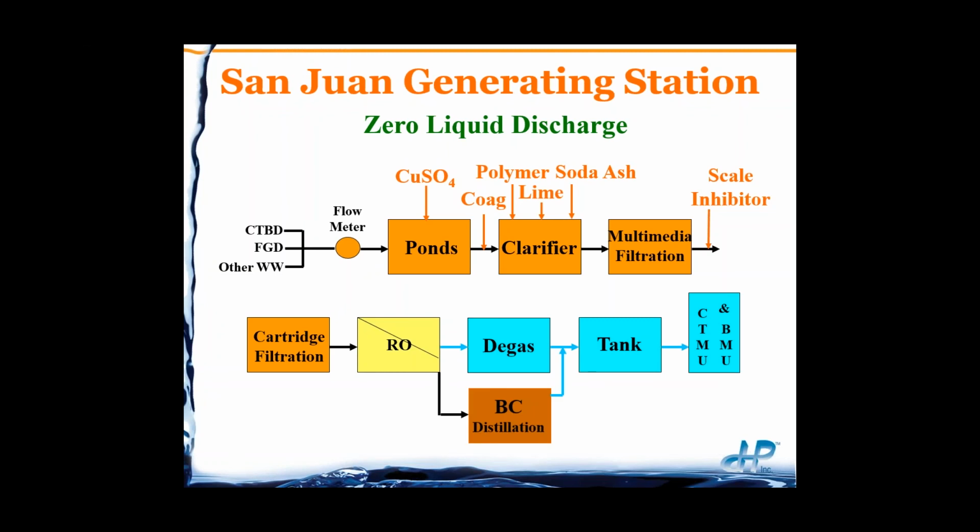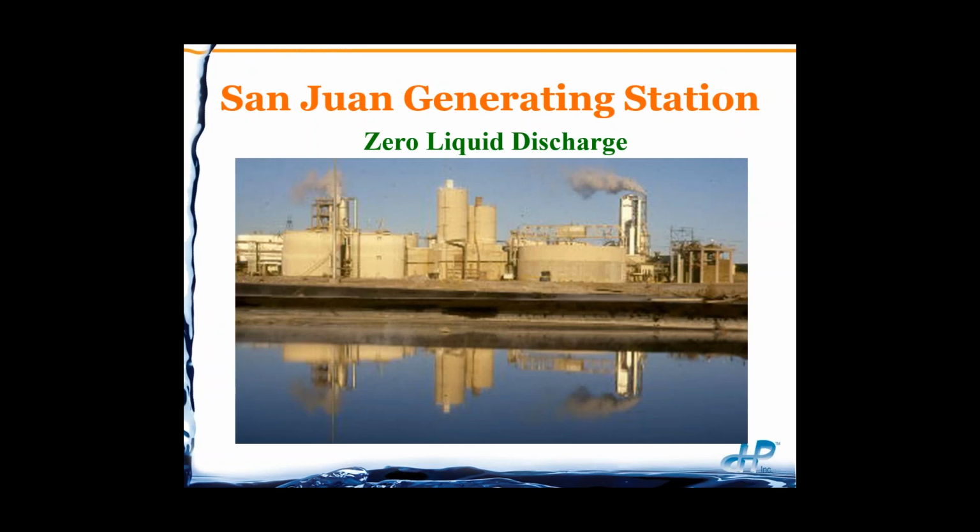The concentrate from the RO unit went to brine concentrating evaporators, and then the slurry from that went to solar evaporation ponds. So you can imagine there's a lot of cost here. In today's dollars, it was about $15 million a year for the annual budget for this system. Here's a picture of one of two of the water treatment systems.